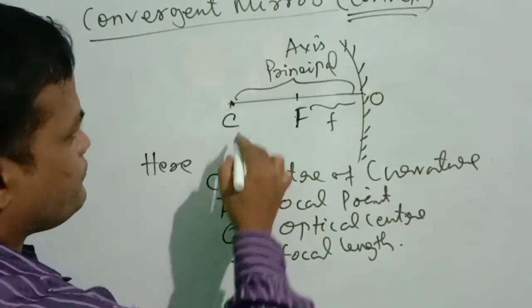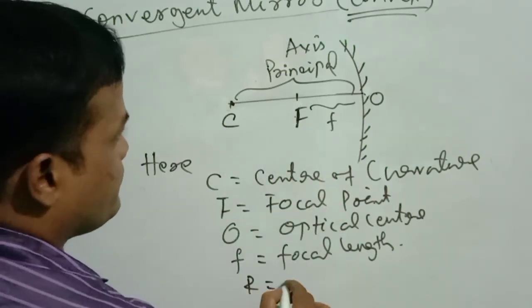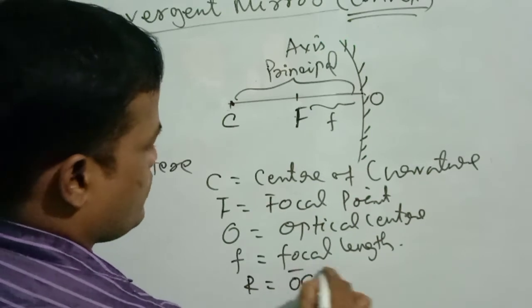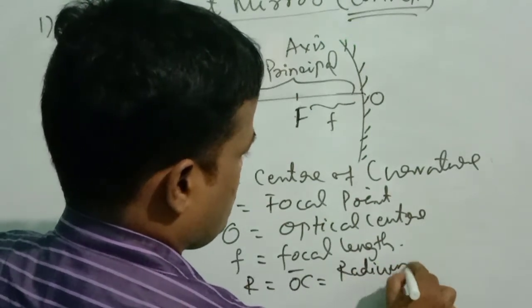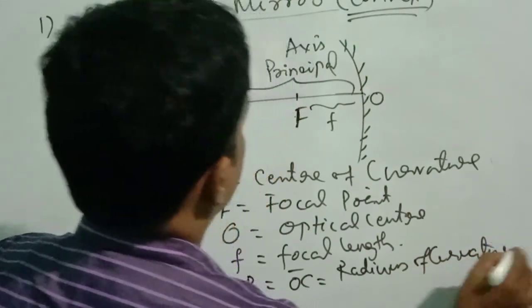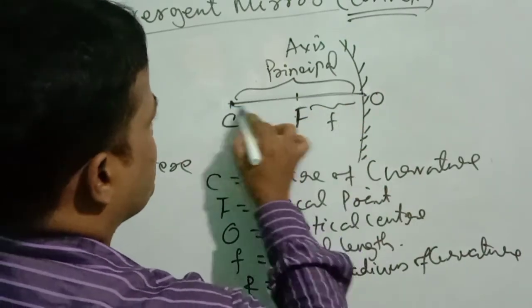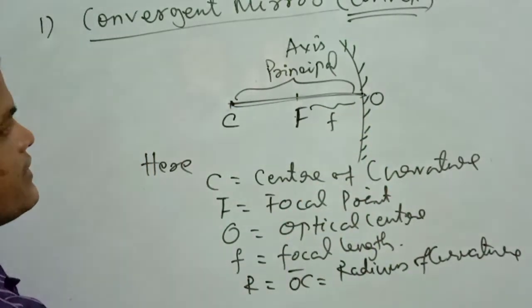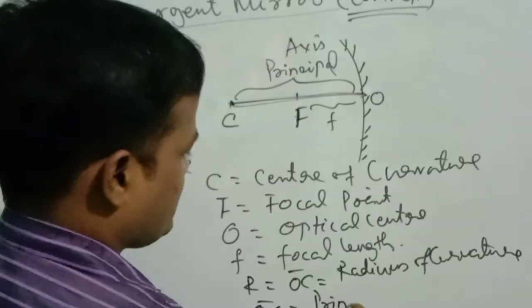R means OC, equal to the radius of curvature, and OC is also called the principal axis.